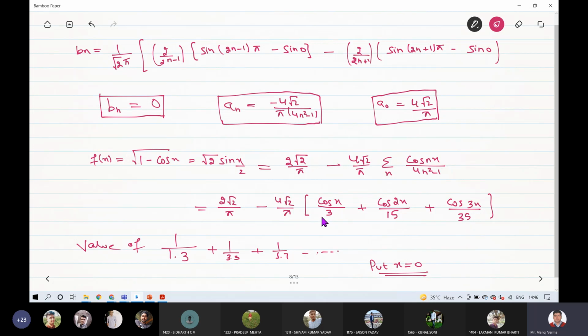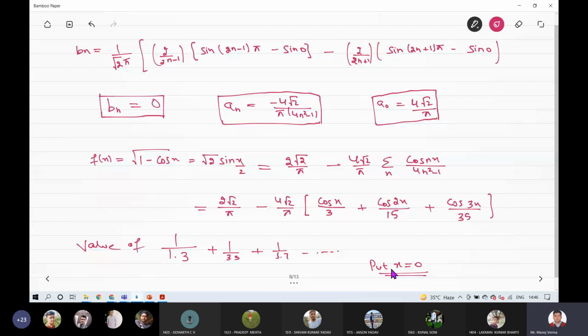So I am getting 1.3, 3.5, 5.7. So I am getting my identity from this, but in the numerator it should be 1. Okay, in the numerator it should be 1, and cos is 1 at 0. So if I insert x equal to 0, then all the numerators will be 1, and the denominators are looking like this.